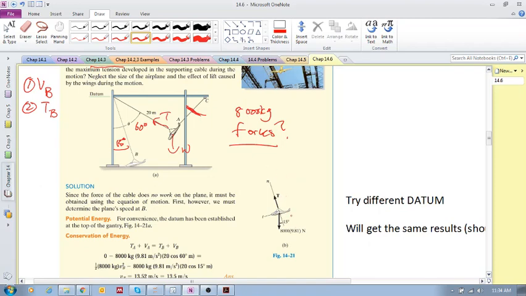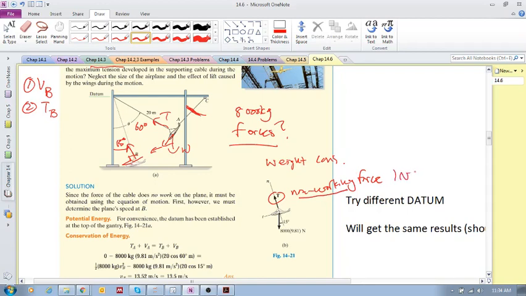Weight is a conservative force. And tension, I haven't covered tension yet, but in this case, because it is always perpendicular to the direction of motion, tension is called a non-working force. It does no work.